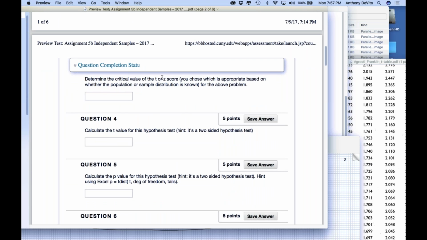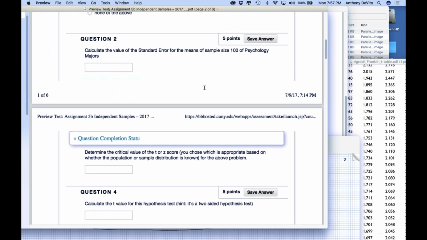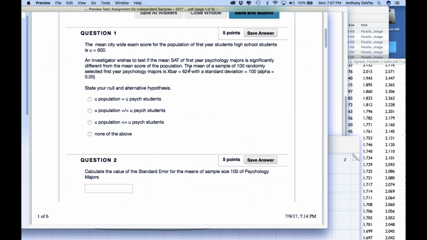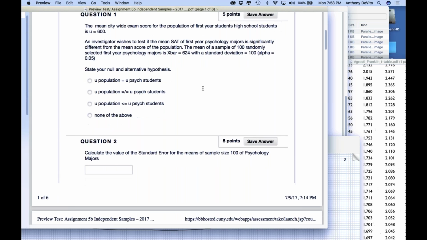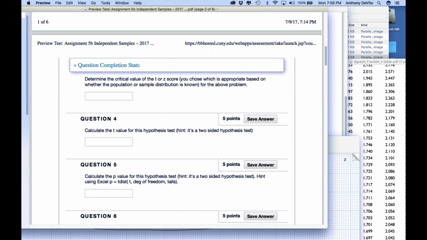Okay, determine the critical value of t. You choose based on whether the population or sample standard deviation is known. Well, we don't know the population standard deviation, do we? No, only the sample standard deviation, right? Okay, so your critical value of t for a sample size of 100 would be 1.98.